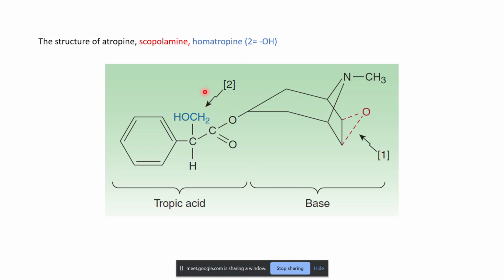So this is tropic acid, this is an ester bond, and this is a base. The base is a tertiary amine, and the structure is an alkaloid, and it is found in Atropa belladonna.